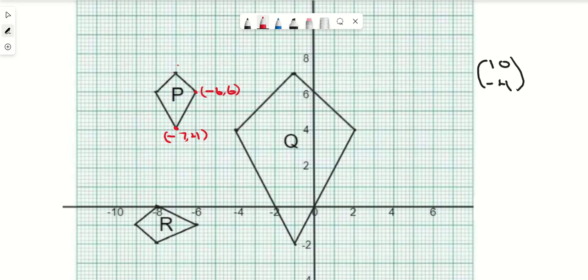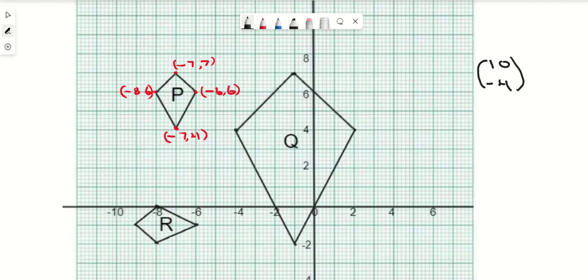This coordinate right here, x is -7, y is 7, and this coordinate right here is x is -8 and y is 6. Right? So these are my coordinates for P.